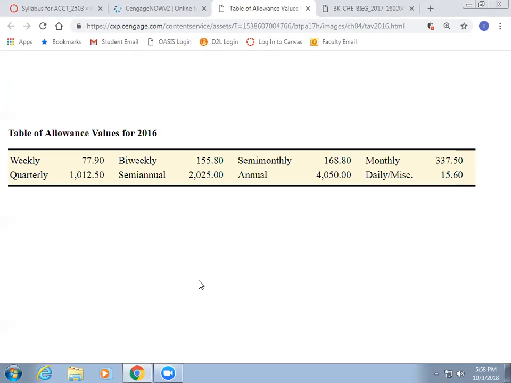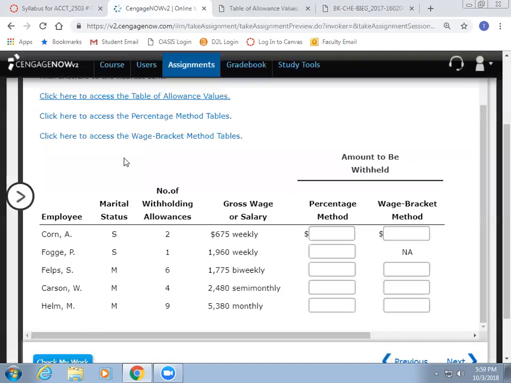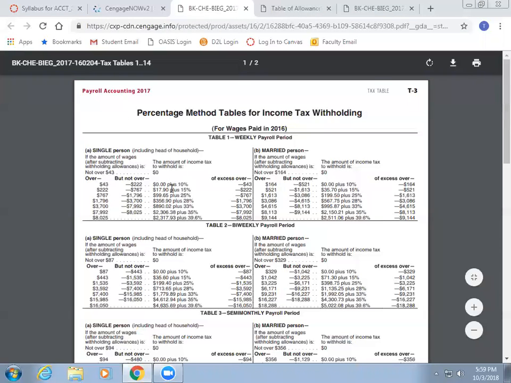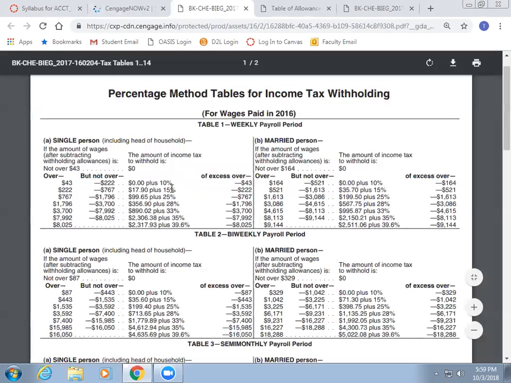Okay. So that 519.20 is what we're going to look up in the percentage tables, which they also gave me. So the percentage method table does work a little differently.